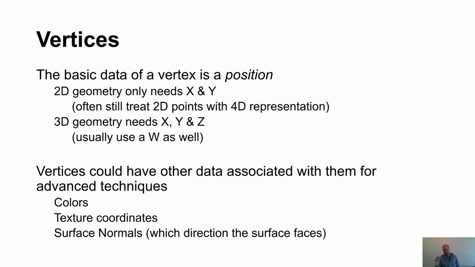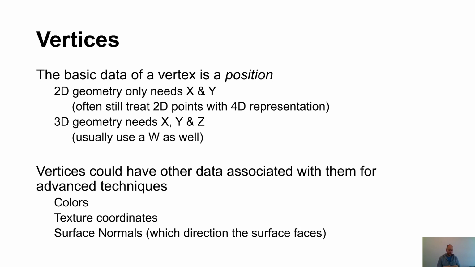A vertex, as I was mentioning, is just a position, and this breaks down into effectively two cases. For a 2D point, it's two values, x and y. For 3D, it's x, y, and z. We'll often use a w as well, and this is largely to do with how to do transformations, but also with regards to the alignment of the underlying GPU.